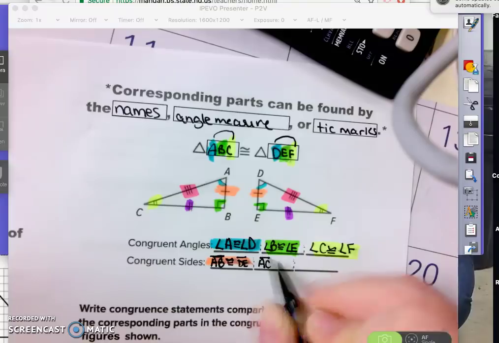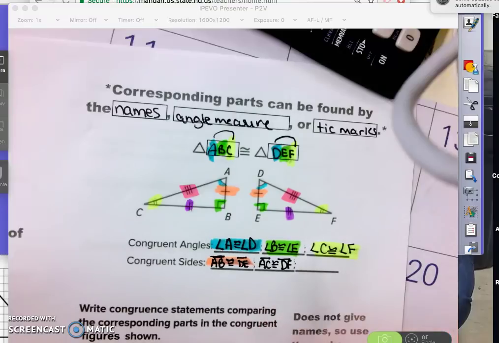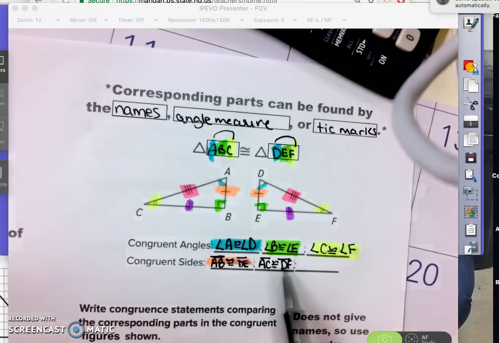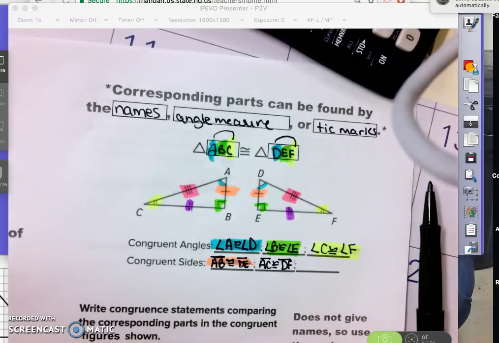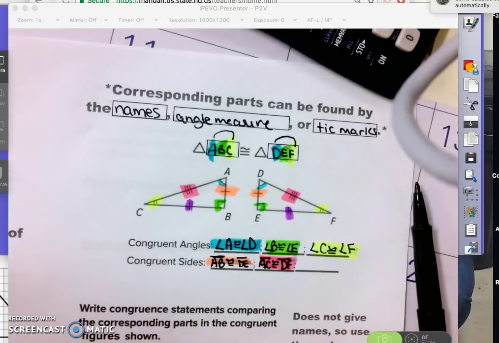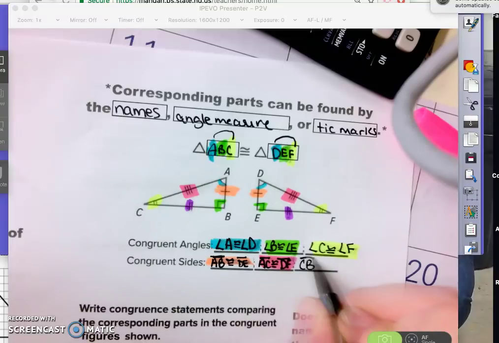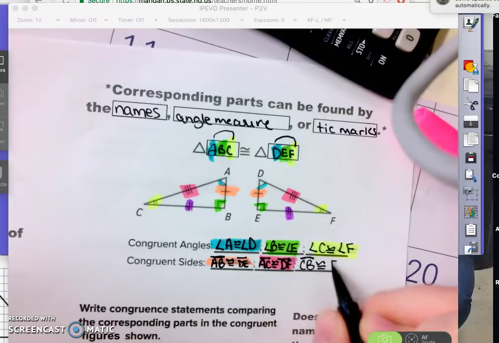The order in which you write them is not a big deal. But if you start with the A here, I'm going to want to start with the D here. So A and D were the first ones, and then C and F. It's easier to keep them all straight then. And then my last one is my purple. So CB, line segment, congruent to, I started with C, I'm going to start with F here, FE, line segment.